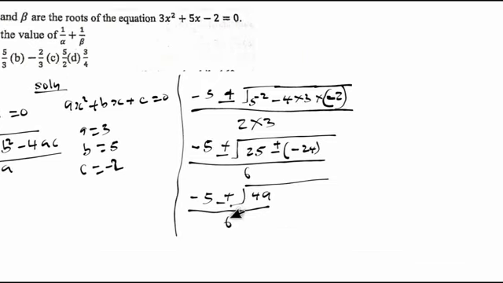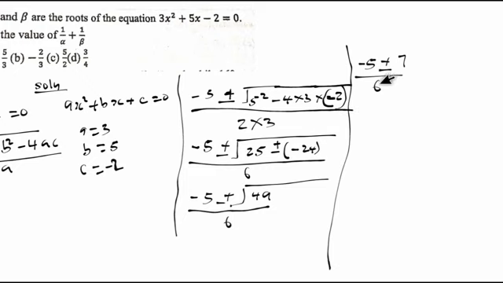From this place, we can find the square root of 49. We have minus 5 plus or minus the square root of 49, which is equal to 7. Everything is divided by 6.